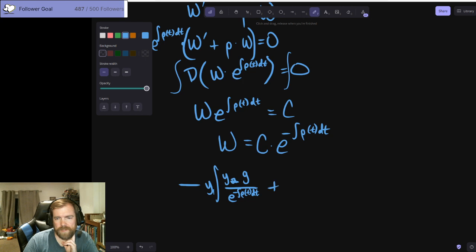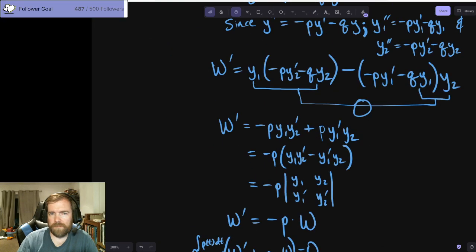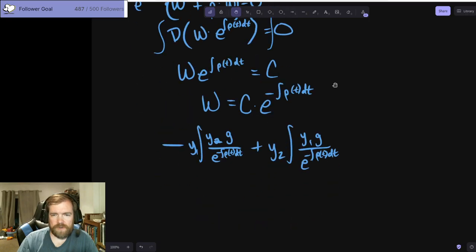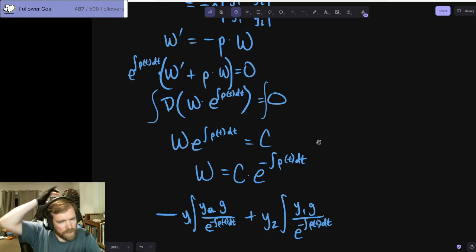Then we do the same with y2: integral of y1 g over e to the negative integral of p of t dt. So Abel's formula, Abel's theorem, allows us to use this in much the same way that we were able to use Cramer's rule in systems of equations way back when.